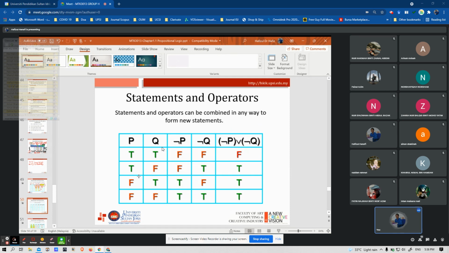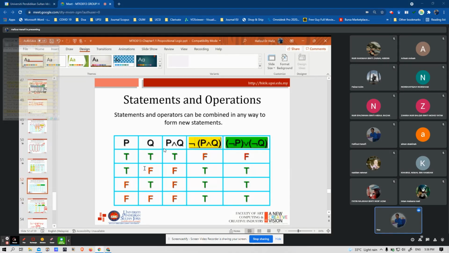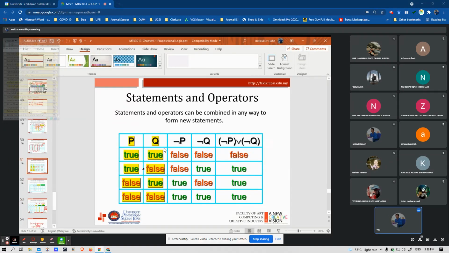Same goes here, negate P or negate Q. First of all, you need to do the truth table first. Secondly, you negate both of the expressions, and after that you combine with the or operator.